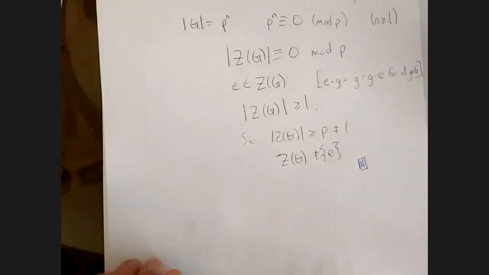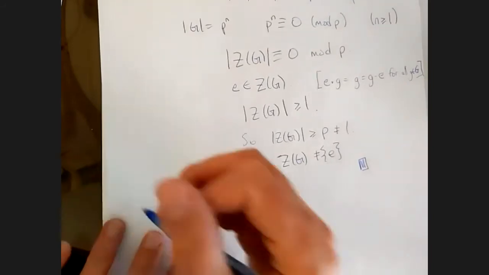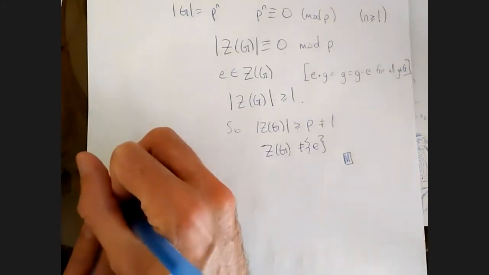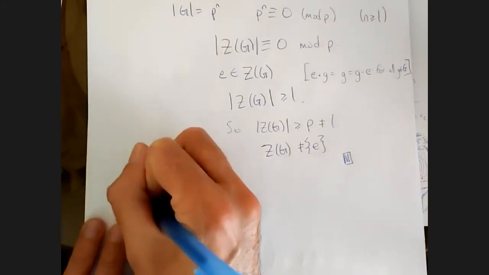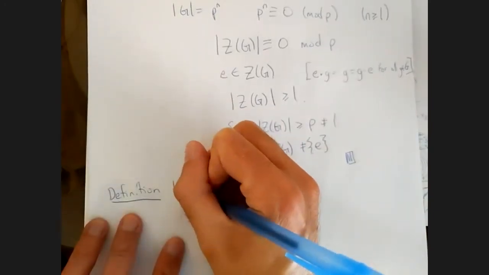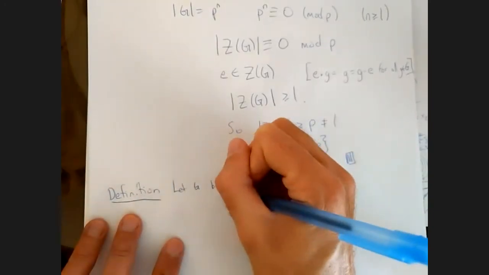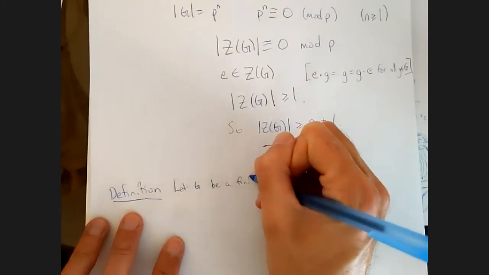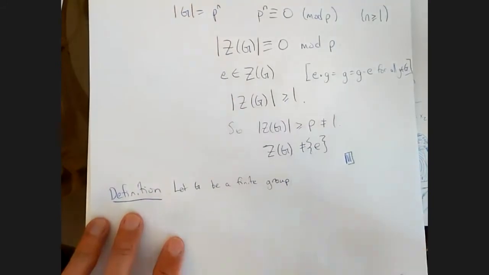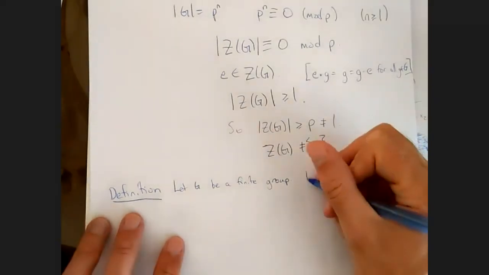Okay, so let me tell you what I mean. First of all, let's define a Sylow P subgroup. Let G be a finite group. Let P be a prime.